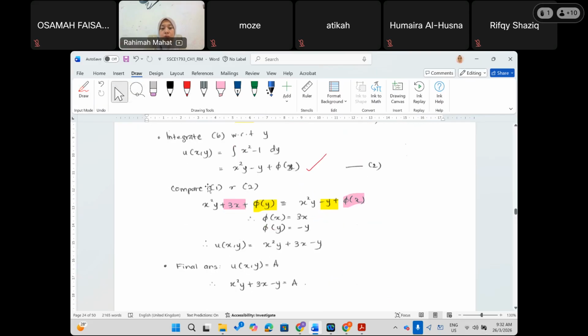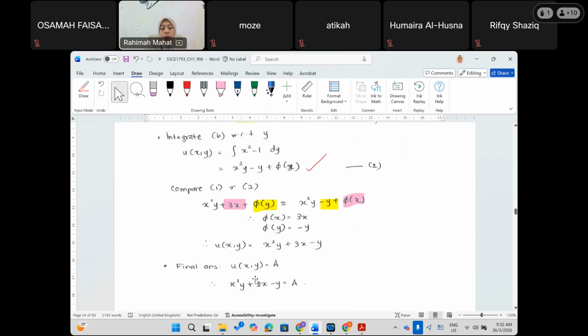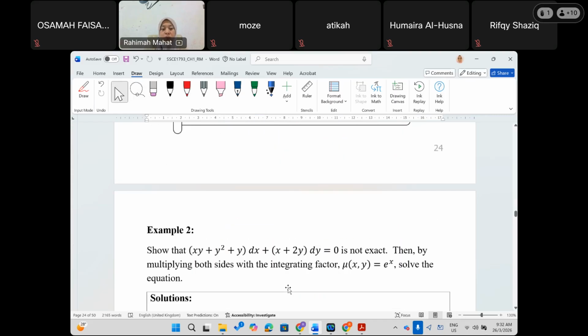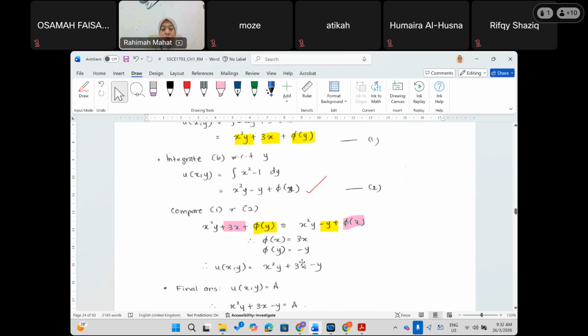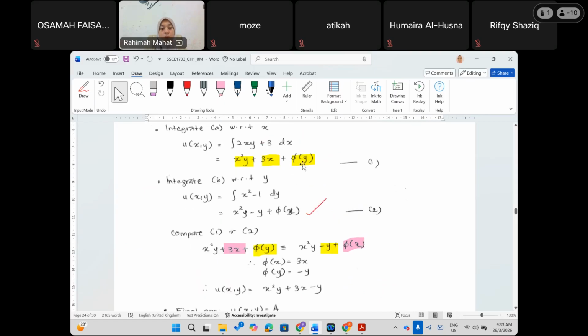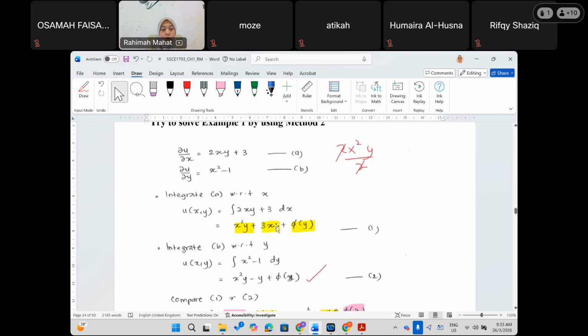So we can see that u(x,y) is equal to, you substitute the values of 3x and the y term.